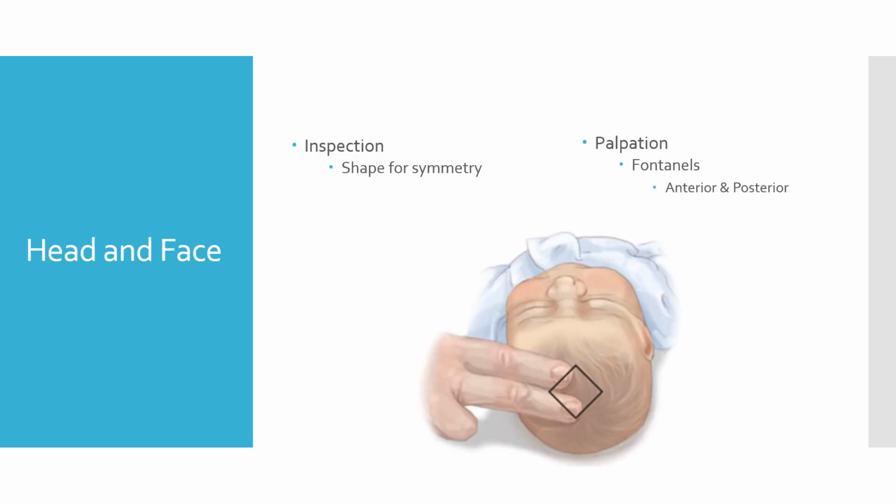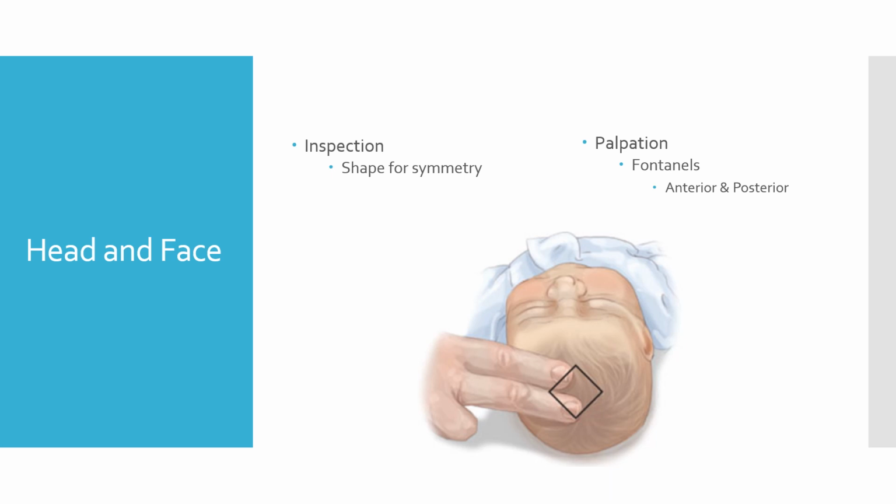When we talk about the head and the face and examining that, we're going to inspect it first for shape and symmetry. And then the biggest thing that we want to make sure we're palpating are those fontanelles. Fontanelles are those soft areas on the skull that remain open in infancy to allow for rapid brain growth. There's an anterior fontanelle and a posterior fontanelle.